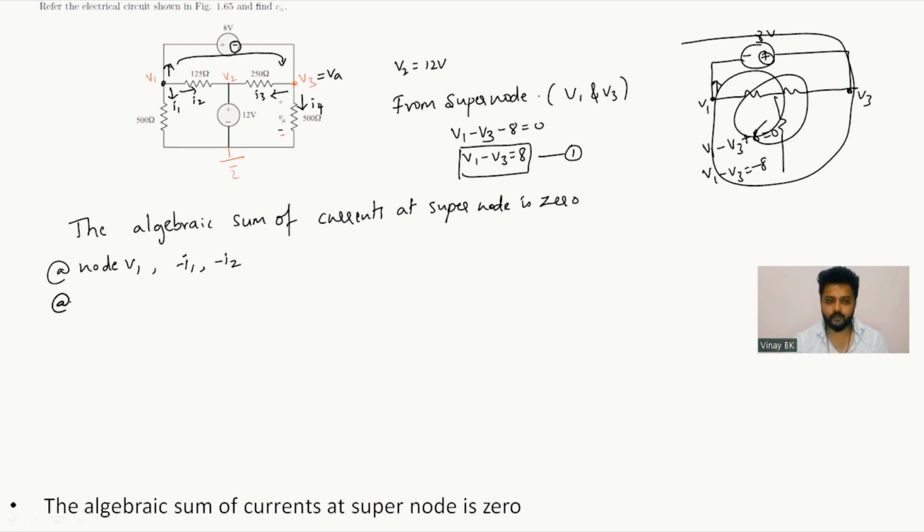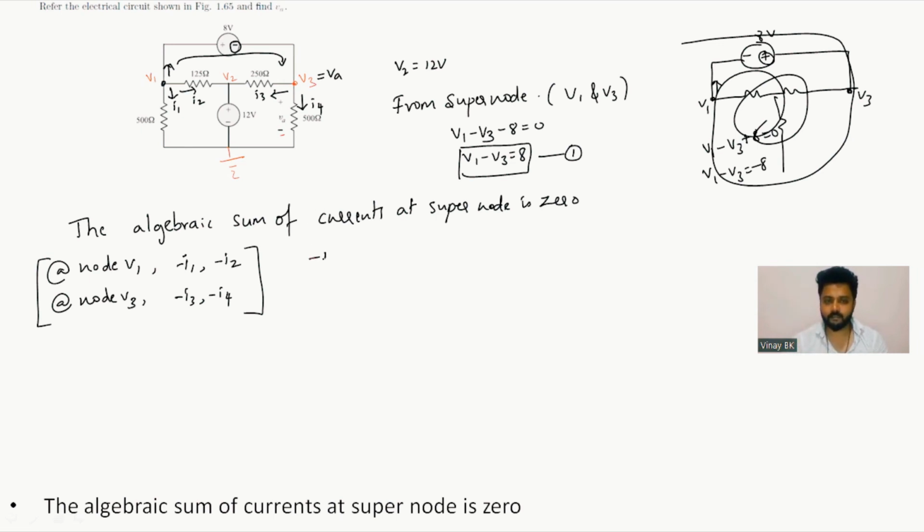Similarly, at node V3, I3 is also leaving and I4 is also leaving, so minus I3 and minus I4. So from the supernode, you're writing the algebraic sum of these currents at supernodes V1 and V3 equals 0.